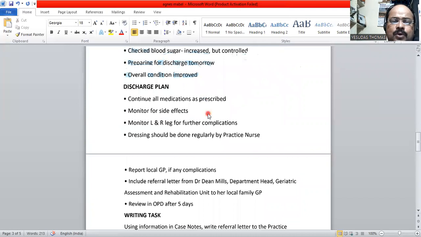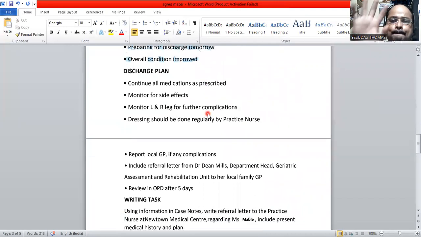Now let's look at the discharge plan. Continue all medications as prescribed. Medication compliance is something which we need to intimate to the practice nurse. Need to monitor for any side effects of any medication.